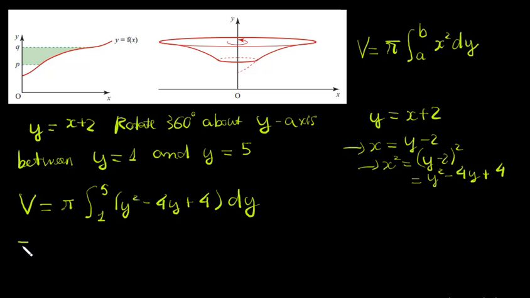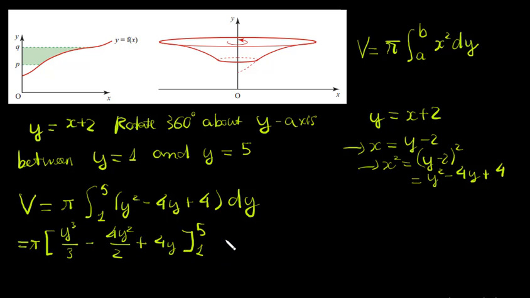Equal to, here you need to add pi in here, y cubed over 3 minus 4y squared over 2 plus 4y. Here's 5 and 1.